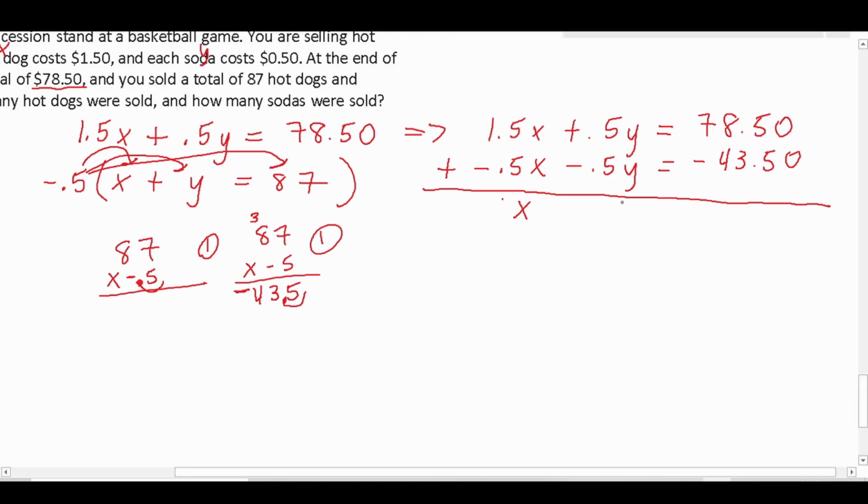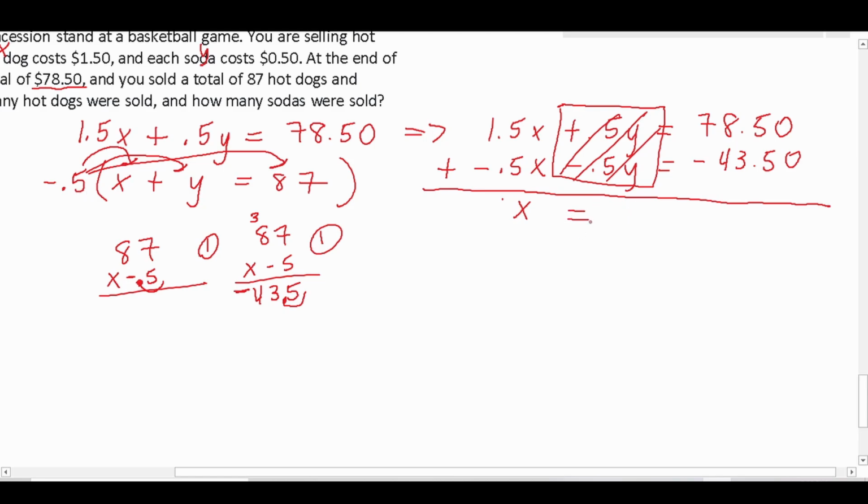All right, let me go ahead and do the y's. Positive 0.5y minus 0.5y. This is the elimination process right here. 0.5y minus 0.5y is 0. This variable is eliminated, and that's why we did this multiplication over here.